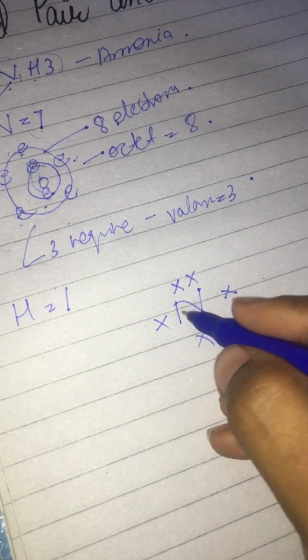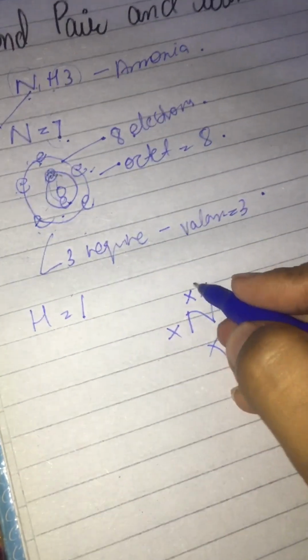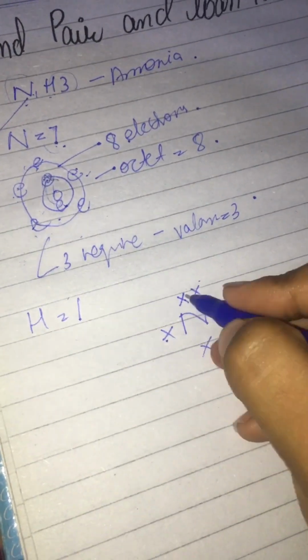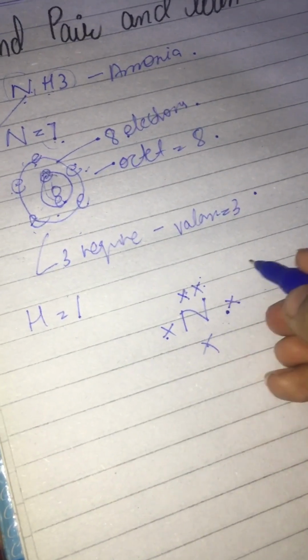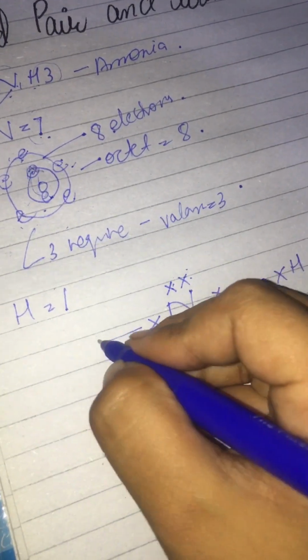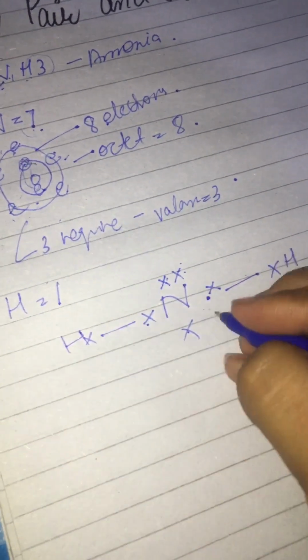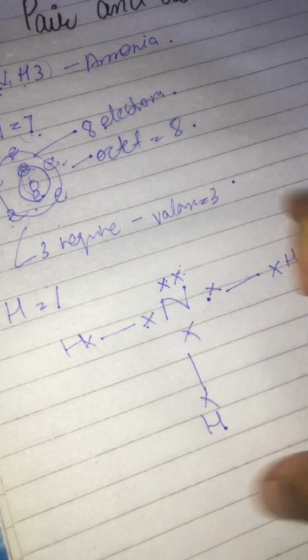As I have shown here, nitrogen has atomic number 7, and the outer shell has 5 electrons, so it still requires 3. So it will make a bond with hydrogen, another bond with hydrogen, and another bond with hydrogen. So what is this telling?